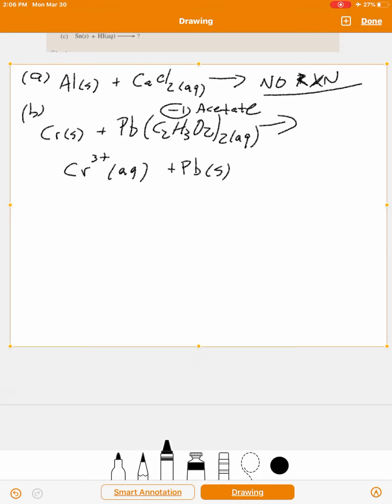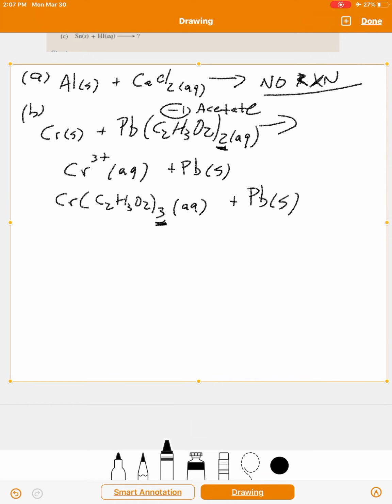So really, it's going to be chromium with 3 acetates. Acetates are always soluble, by the way. All right, so there we go. We got that. Now, it's not balanced because we have 3 acetates on the right side of the equation, but only 2 on the left. That's not good, right?